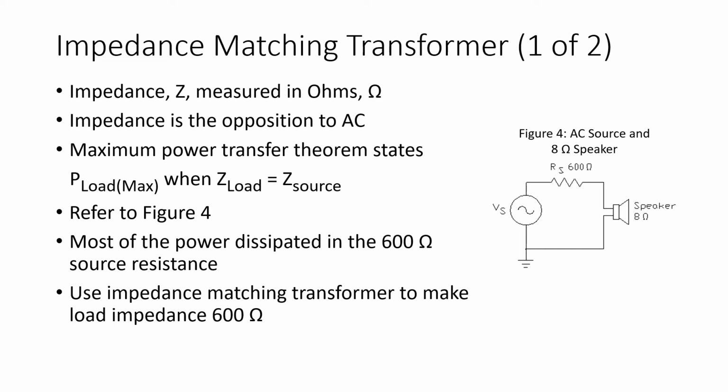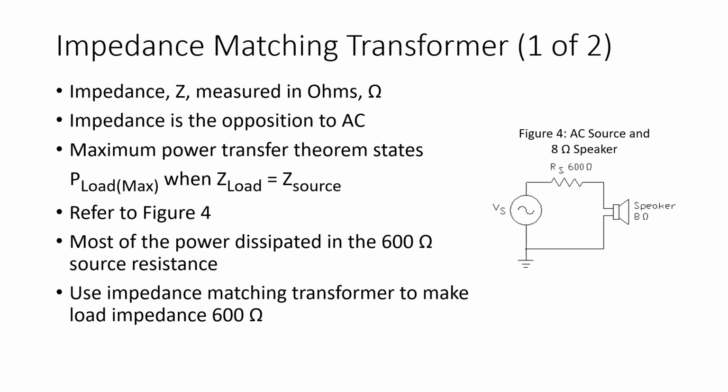And impedance is the opposition to alternating current. Now, the maximum power transfer theorem states that maximum power is delivered to the load when the impedance of the load equals the impedance of the source.